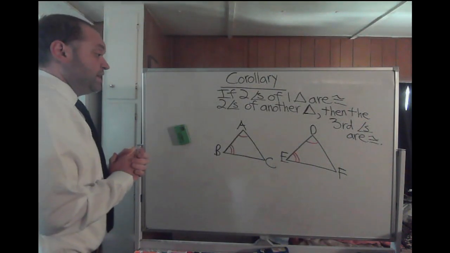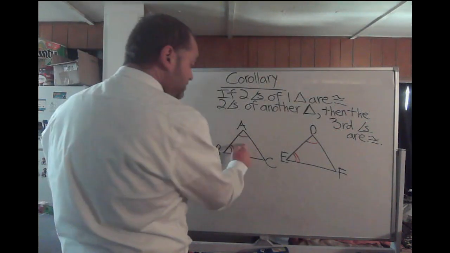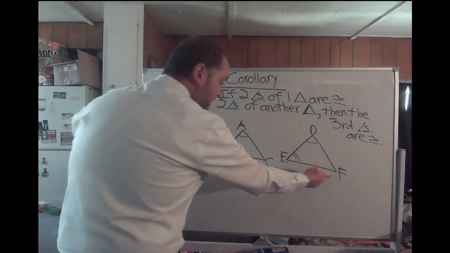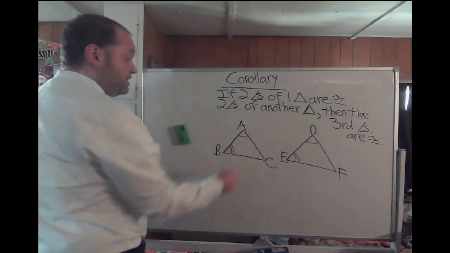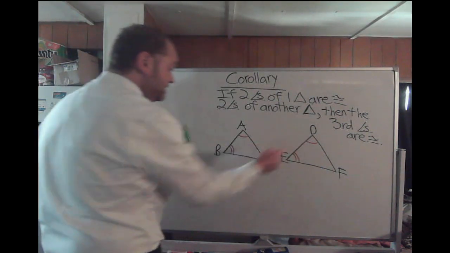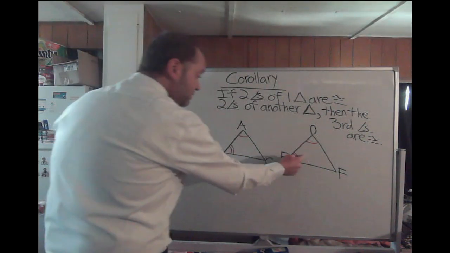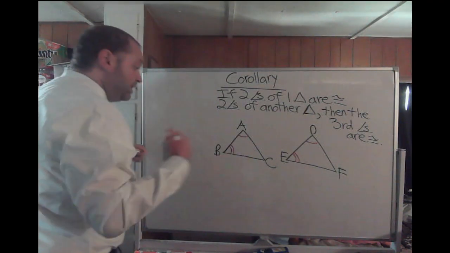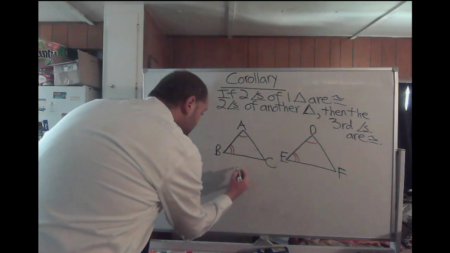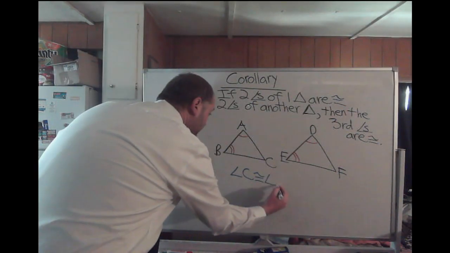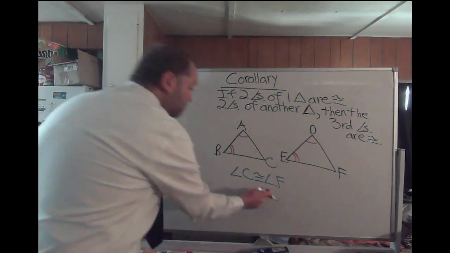So in this diagram, I have two triangles. I have triangle ABC and then triangle DEF right next to it. You can see by the congruency markers, angle A is congruent to angle D, and then angle B is congruent to angle E. By that very corollary, that would have to mean that angle C is congruent to angle F. The third angles would be congruent.